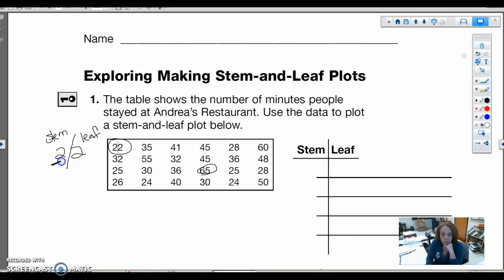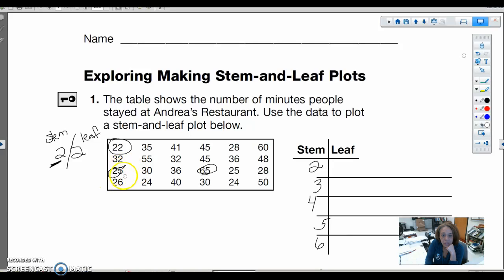Okay. So if I know my stem is a 2, the first thing I want to put into my table here is going to be 2, 3, 4, 5, and 6.